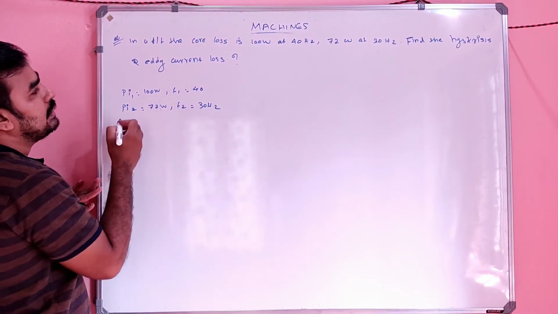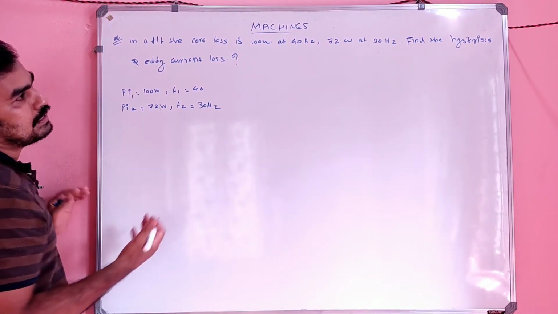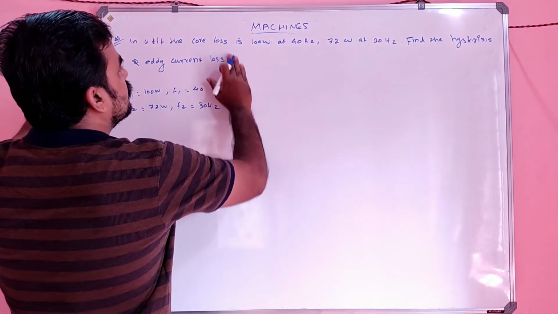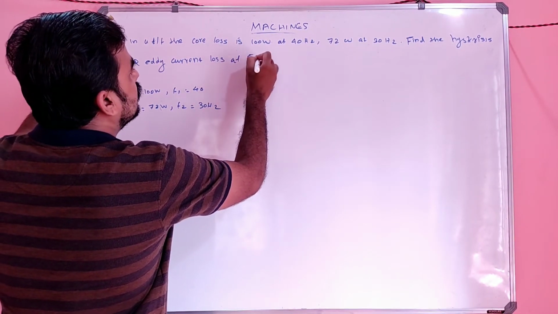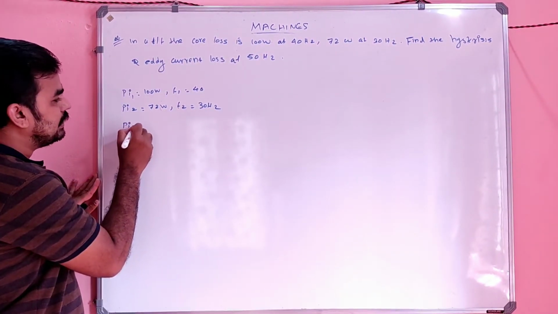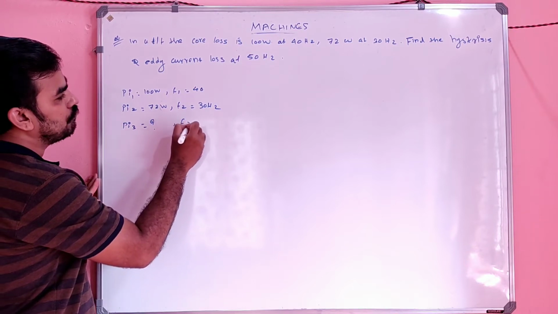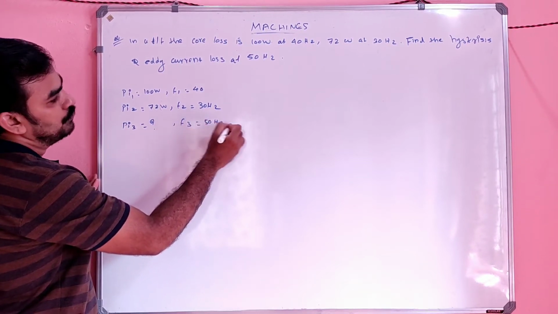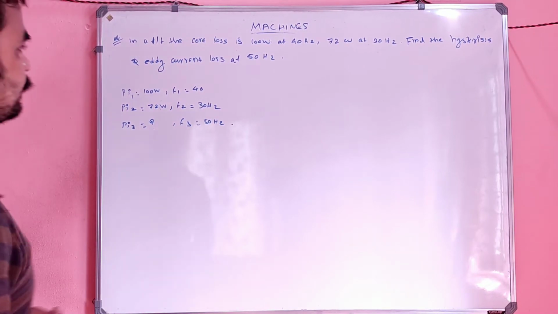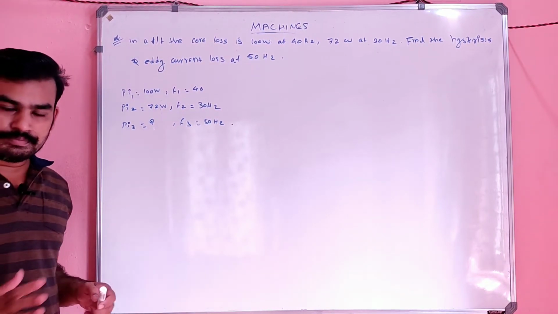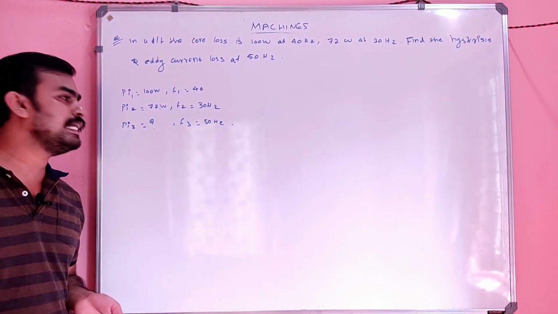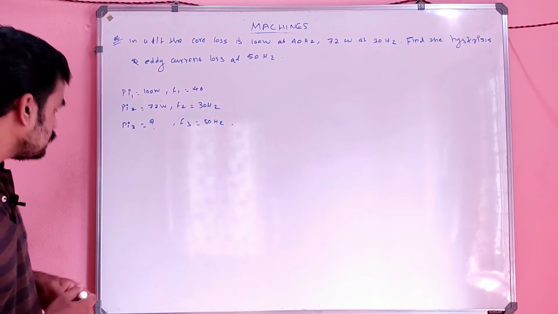We have to find the hysteresis and eddy current loss at 50 hertz. So you have to find Pi3 at F3 equal to 50 hertz. This is the question. Is the question clear to you, my dears? So you have to find Pi3 at 50 hertz.